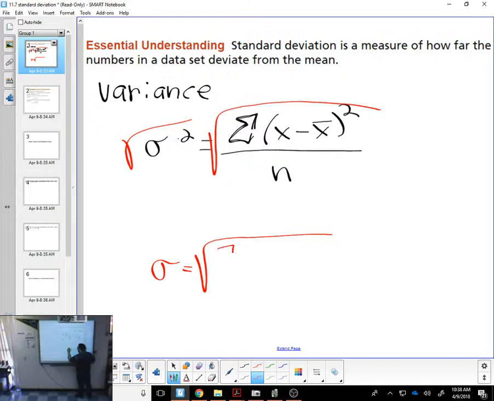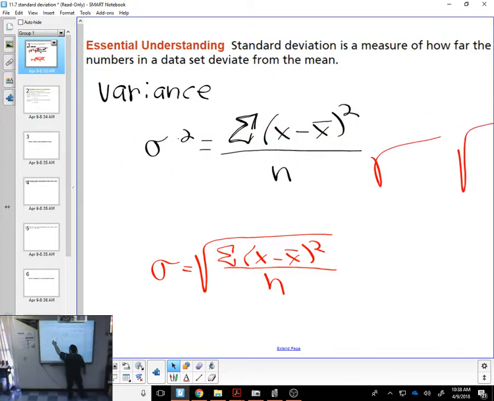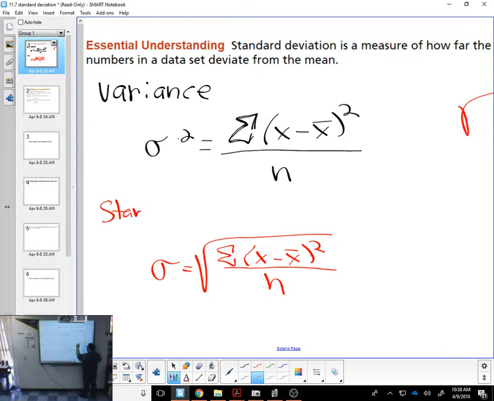It's the square root of the sum of the x minus x bar squared over n. This formula in red is for standard deviation.